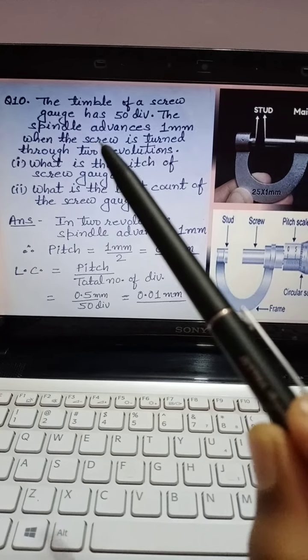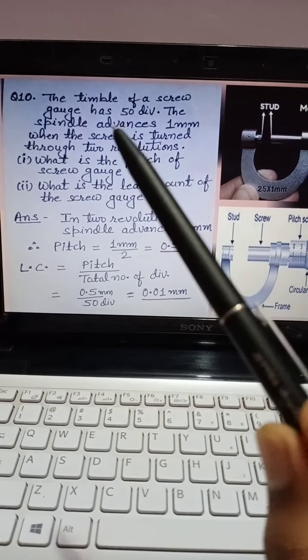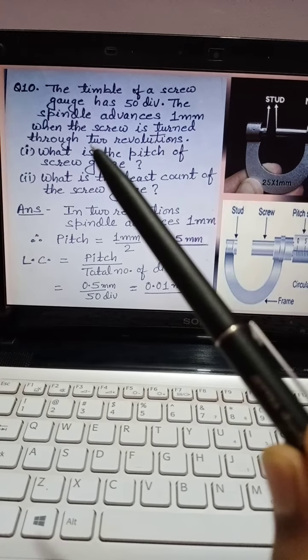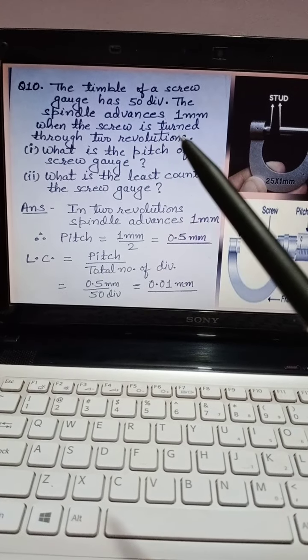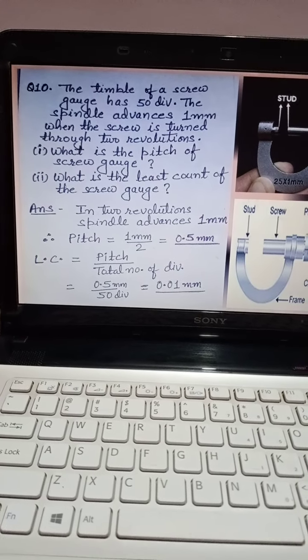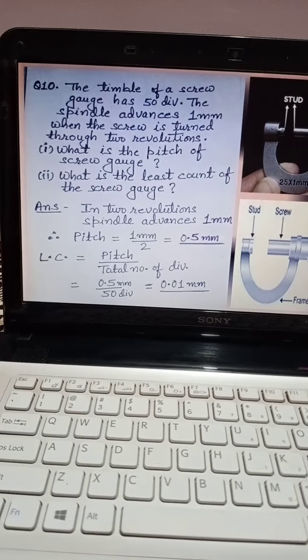The spindle advances 1 mm when the screw is turned through 2 revolutions. So when 2 revolutions are done, the spindle advances 1 mm.